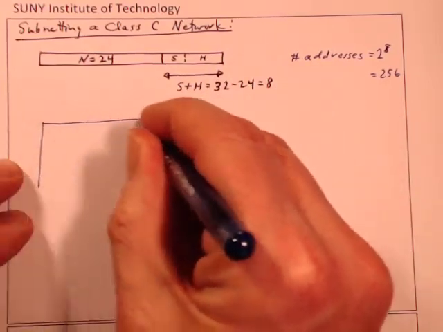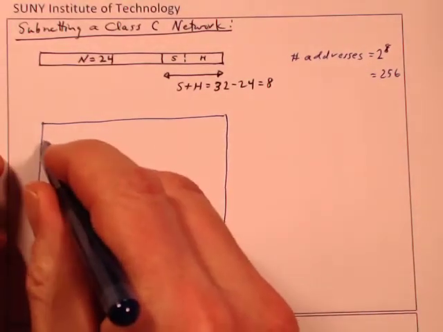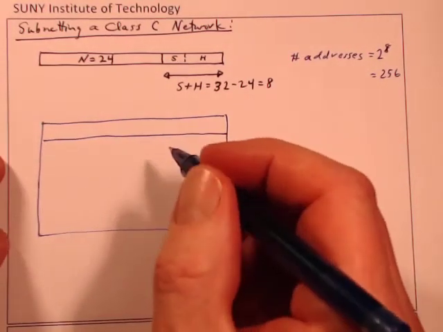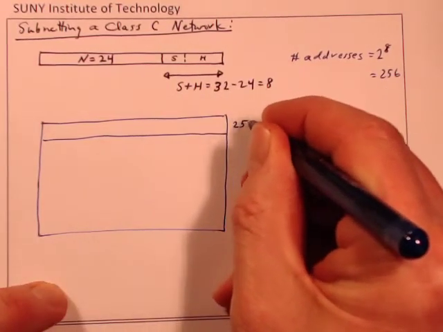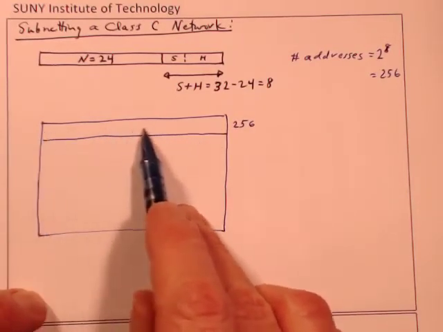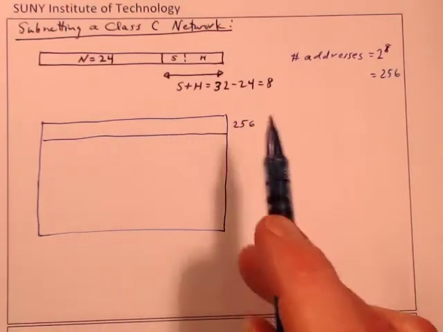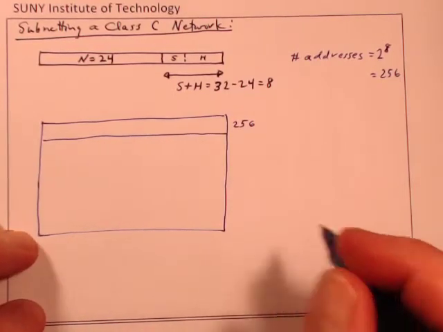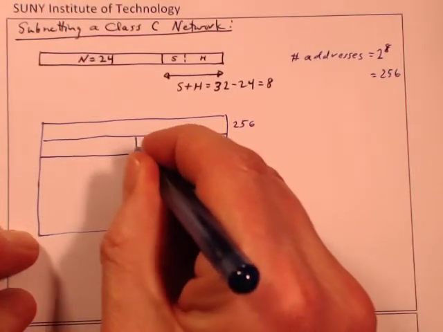So let me draw a picture to help with this explanation. I'm going to draw this range of IP addresses here, across here. And there's 256 IP addresses across here now. And I can take that and divide them into 2 pieces.